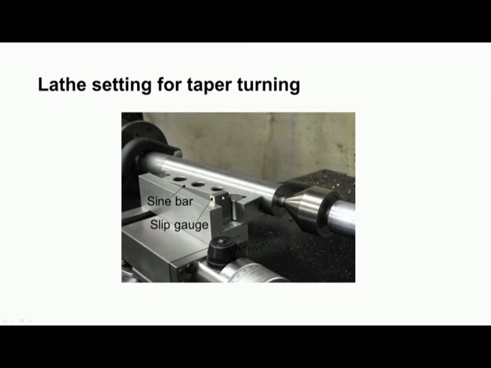So, like this, knowing the value of H1 minus H2 and the length of the sine bar, we can find out theta, or if we know what is the angle that is required, we can find out what is the height of slip gauge, and then we can arrange the lathe for taper turning in this fashion.